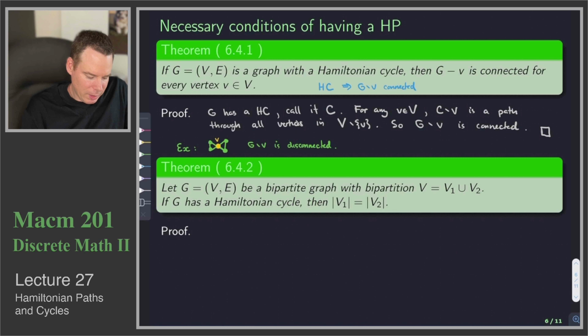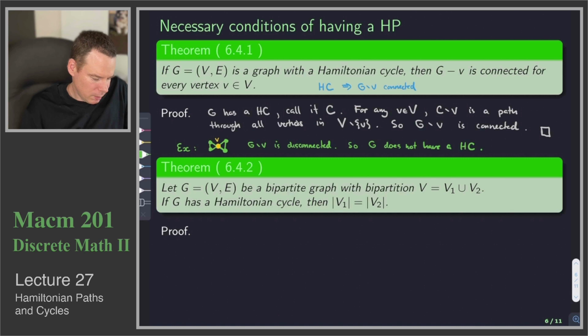That means the original graph can't have a Hamilton cycle, because if it did have a Hamilton cycle, then removing any vertex from the graph wouldn't disconnect it. But this one does disconnect it. So G does not have a Hamilton cycle. So that's an example of how we can use that theorem.